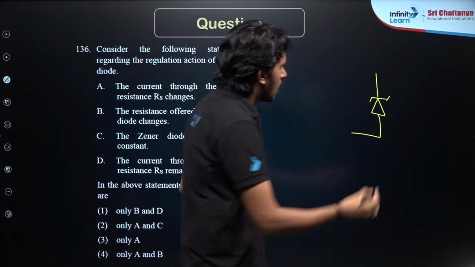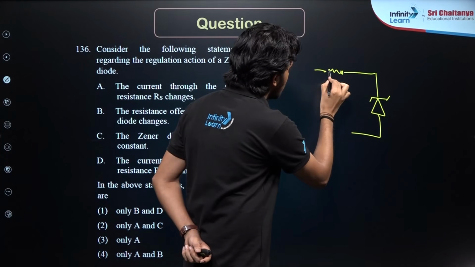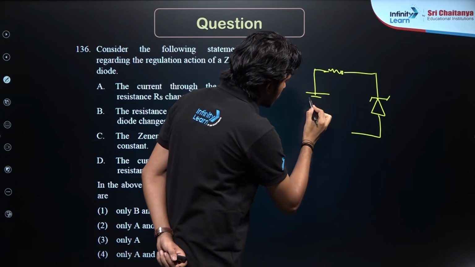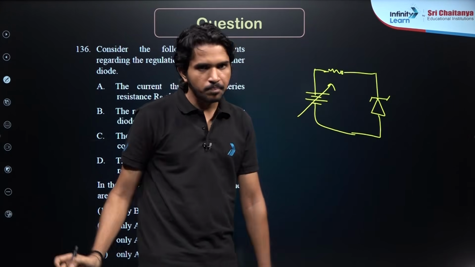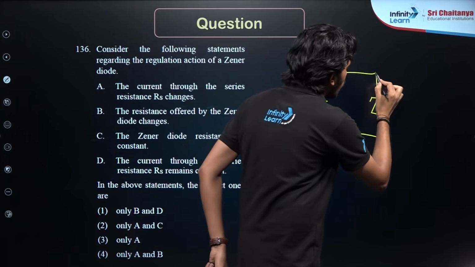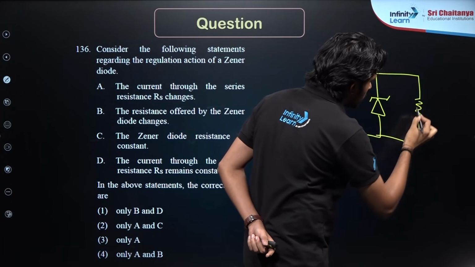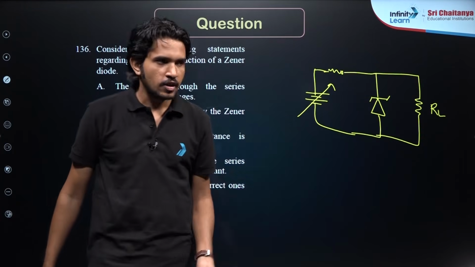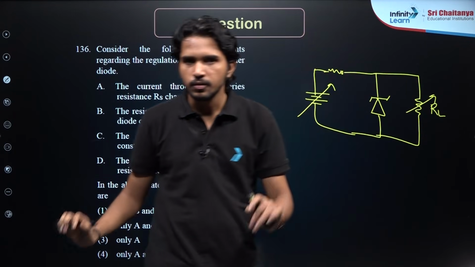Okay, how, sir? Look, here R is connected, a resistance is connected with a variable voltage source. This voltage source is, let's say, variable, and the load is connected across the Zener diode. Now let's call it also a variable load.